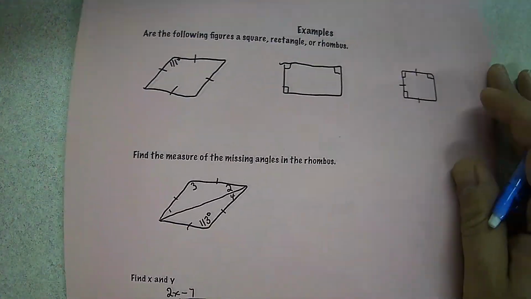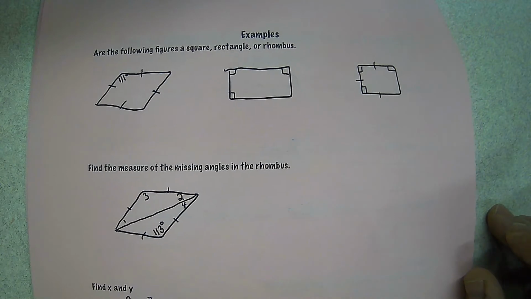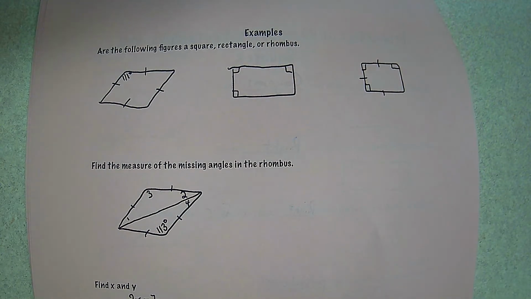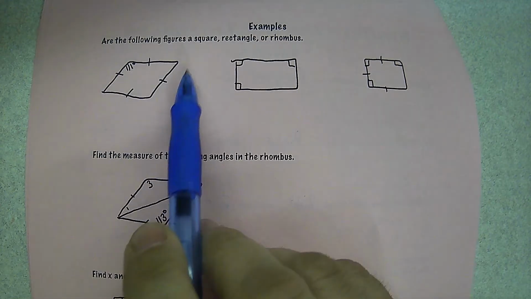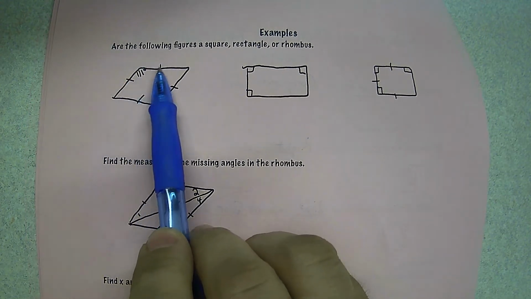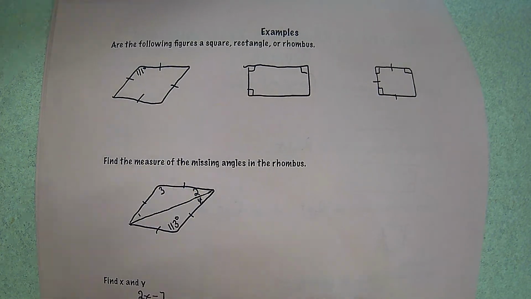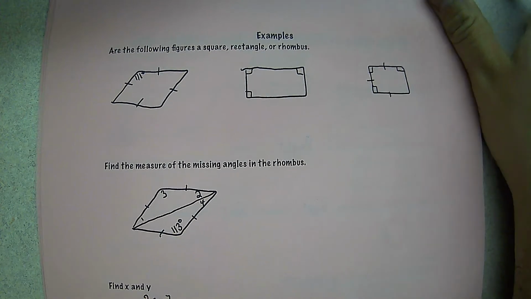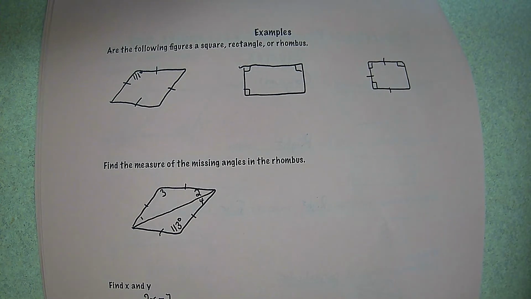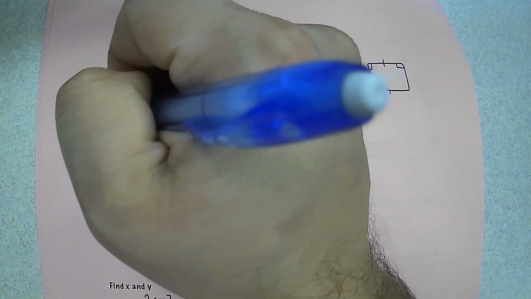So the first part, we're asked to identify if it's a square, a rectangle, or a rhombus based on the information that we're given. So this has four congruent sides. That symbol tells us that all sides are the same. So it could be a rhombus, and let's write that down.